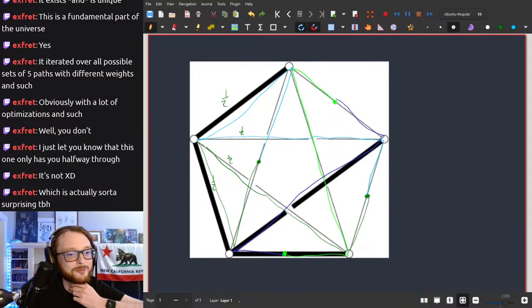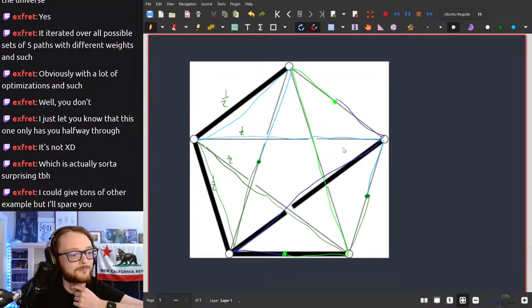Yeah, I guess maybe there's a different weighting where it's better to start on nodes. Gives a ton of other examples.